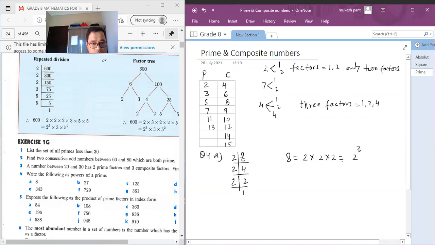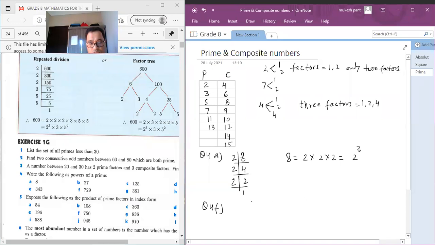Like we have 729, question number 4F. We have 729.